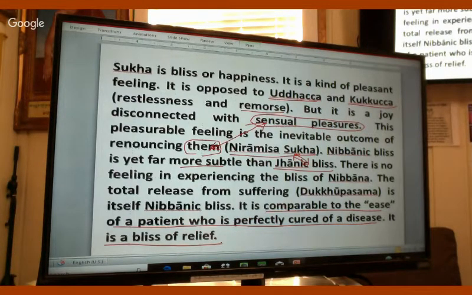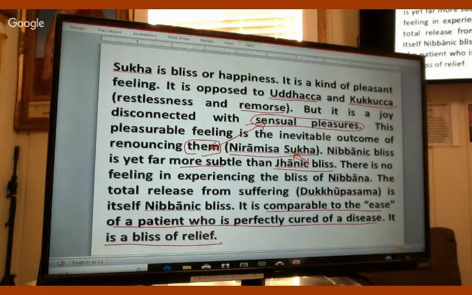Freedom from such three levels of suffering is avedita sukha, the release from that suffering. A patient released from disease has a kind of sukha, avedita sukha, isn't it? No need for sensation, no need for feeling. The patient is free from the disease.